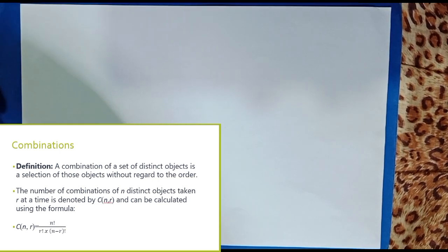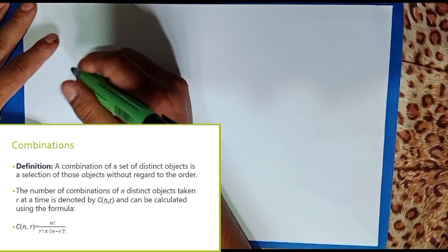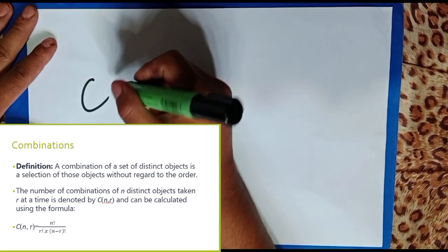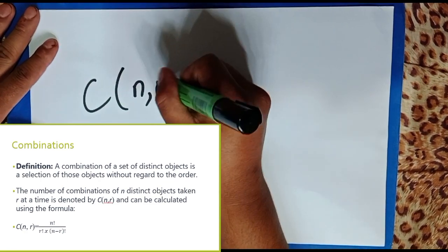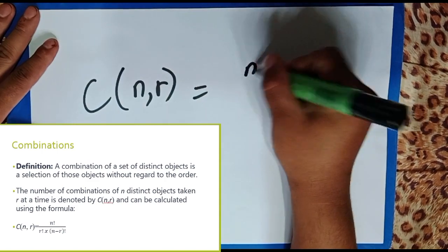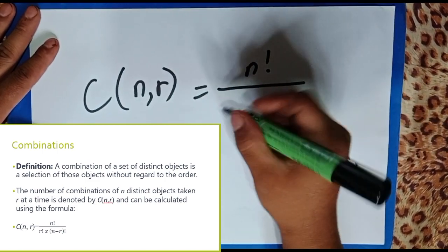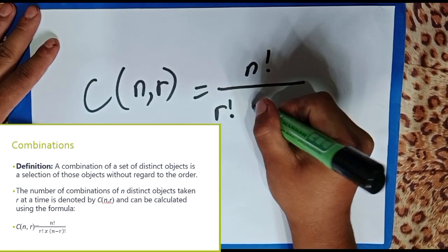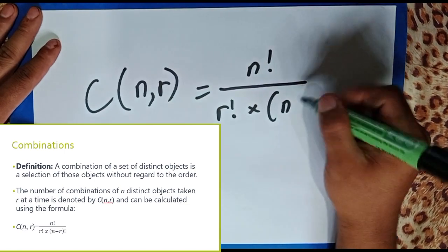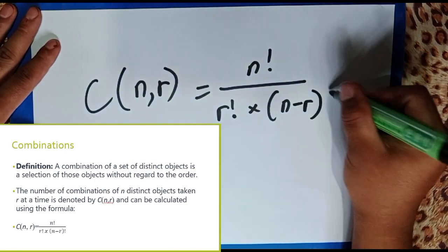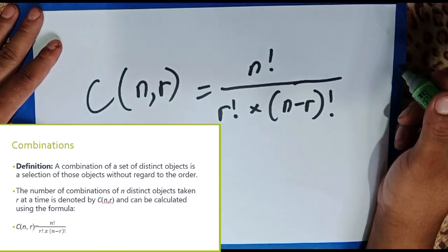This is the formula for combinations: C(n,r) is equal to n factorial over r factorial times n minus r factorial.